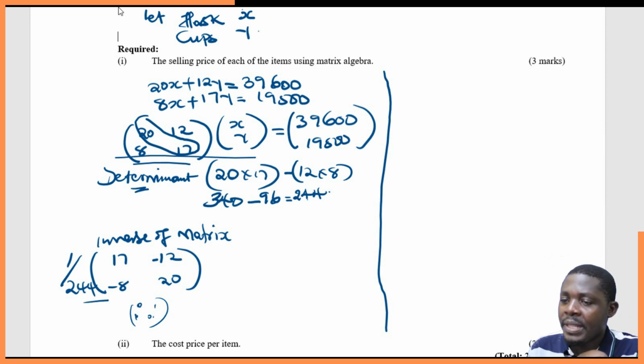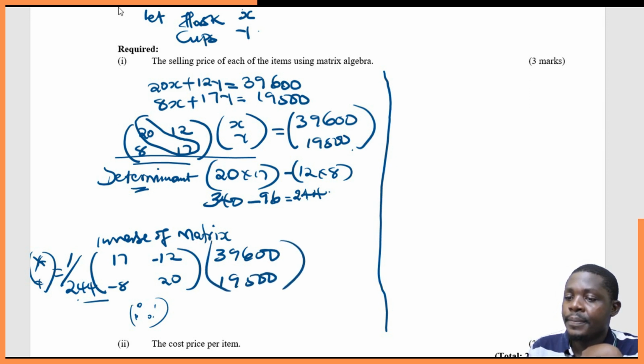Let me just multiply this particular inverse directly with this particular matrix, giving x, y is equal to, now I take this one, I multiply this particular side, that is 39,600, then 19,500. Correct.